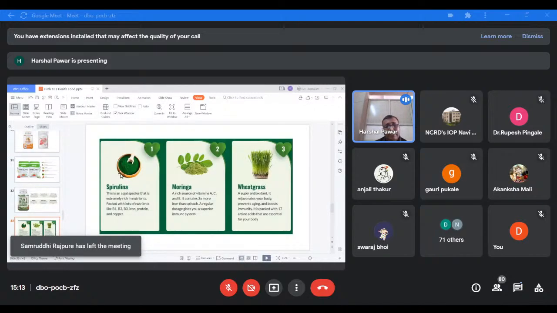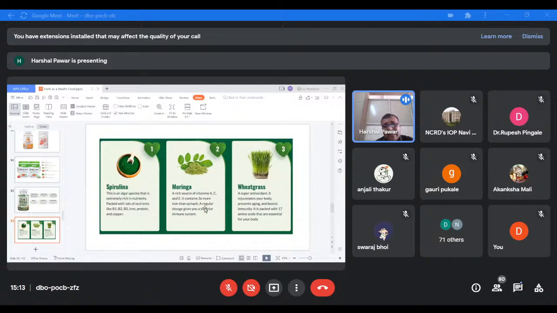So it contains spirulina, which is rich in nutrients like vitamin B1, B2, B3, iron, protein, and copper. Moringa, I hope you must have seen the moringa seeds as well as the sticks of moringa, right?